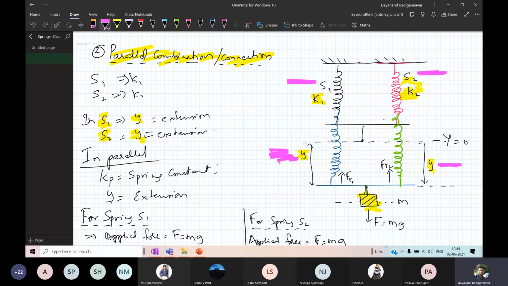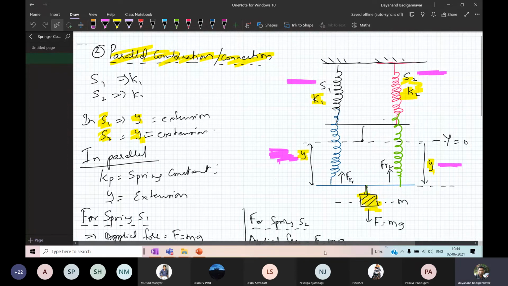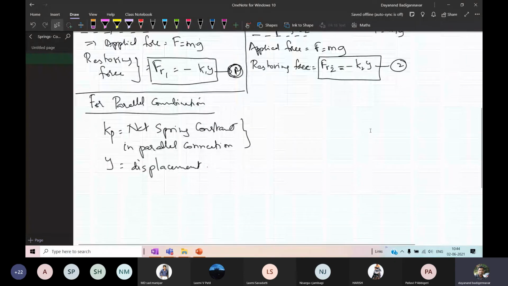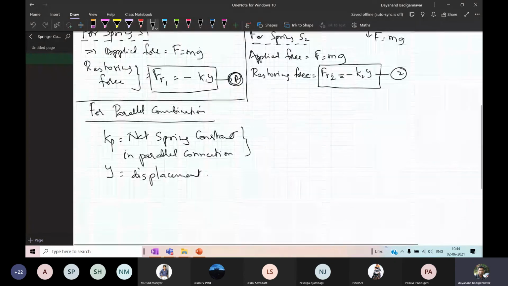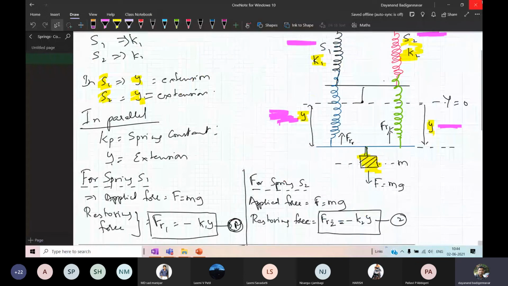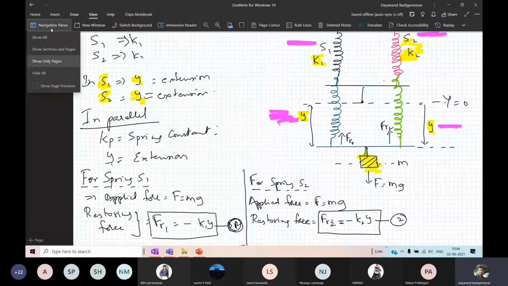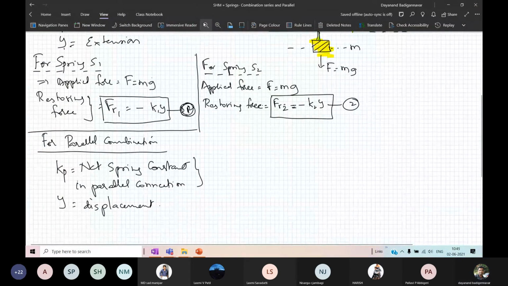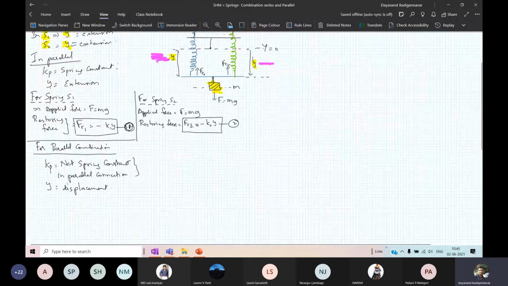So therefore, I can write the displacement as Y. Now in this case, I can write the applied force for the spring constant. Look here, I will write the applied force here.